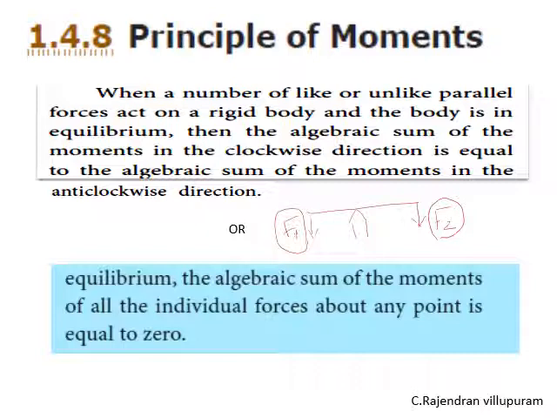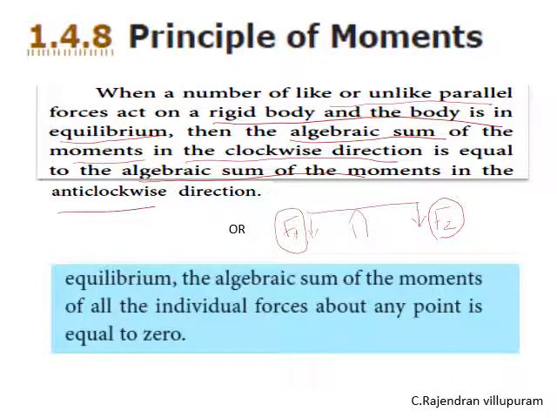Exactly, the definition is: when a number of like and unlike parallel forces act on a rigid body and the body is in the equilibrium condition, then the algebraic sum of the moments in the clockwise direction is equal to the algebraic sum of the moments in the anti-clockwise direction.